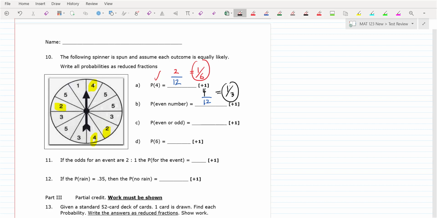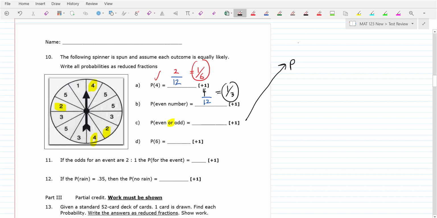Now you've got 2 approaches to this problem. It's an OR probability, so I'll show you 2 approaches. The first approach is we have a formula for an OR probability.